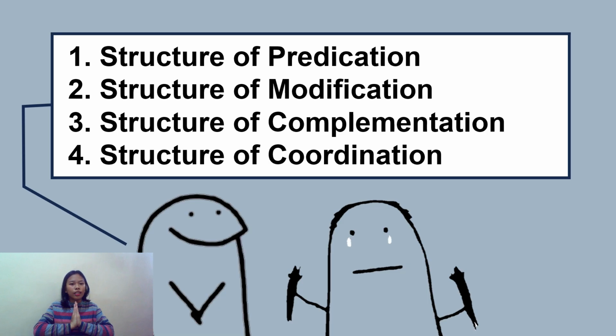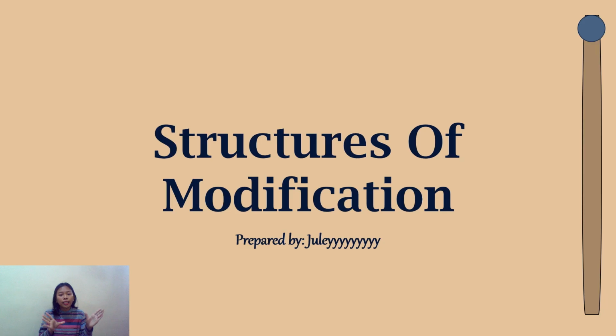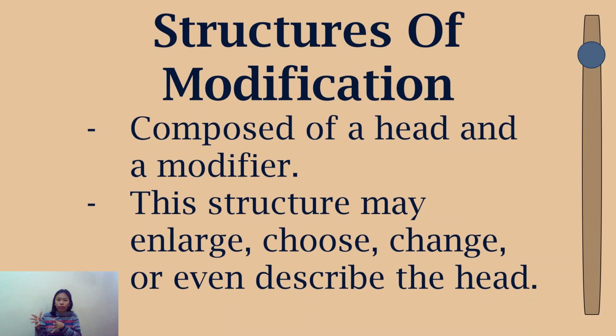Okay, so let's now proceed to my part, the second kind of syntactic structure, which is the structures of modification. It is composed of a head and then a modifier, okay? So this structure may enlarge, choose, change, or even describe the head.